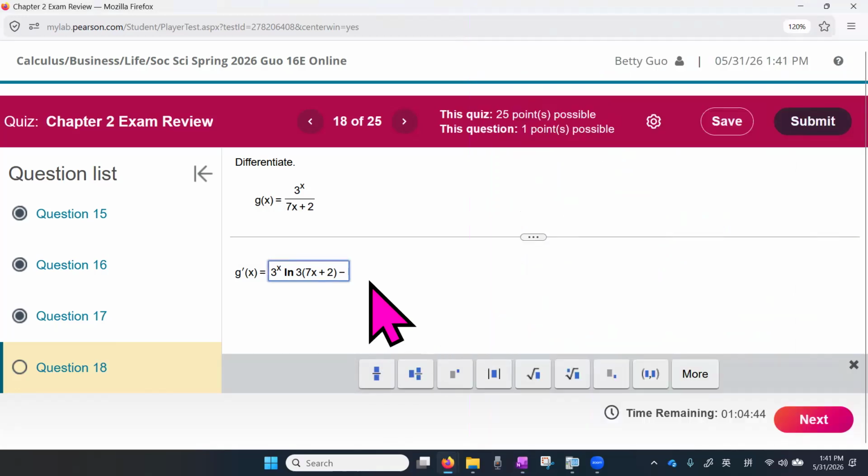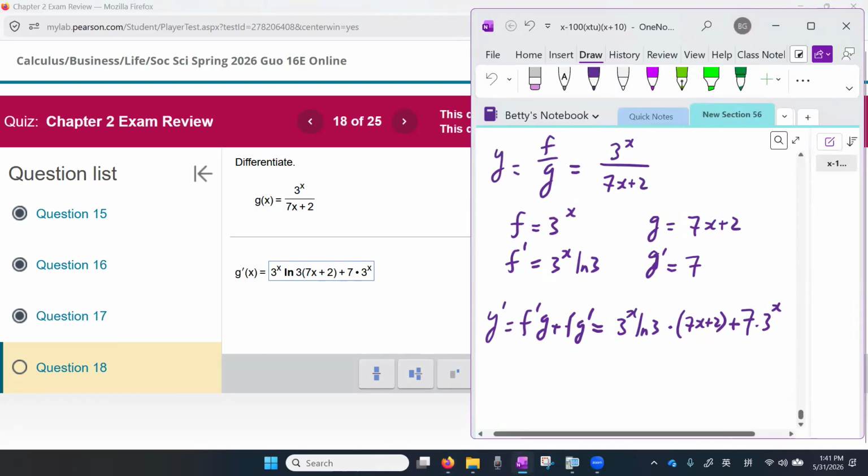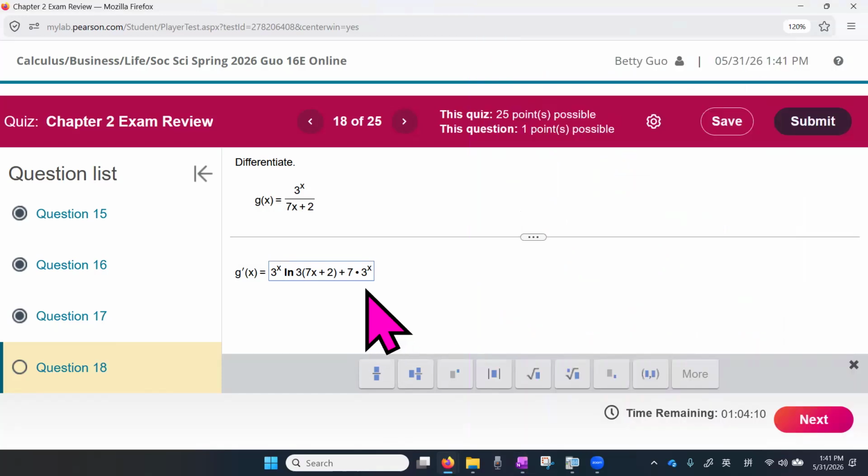Plus 7 times 3 to the power x. Let's see. 3 to the power x ln 3 times parentheses 7x plus 2 plus 7 times 3 to the power x. I think this would work.